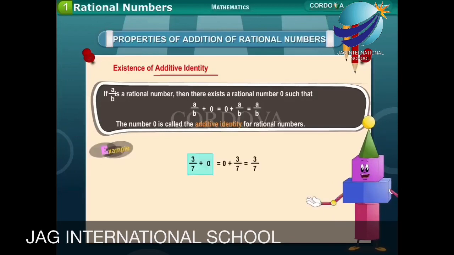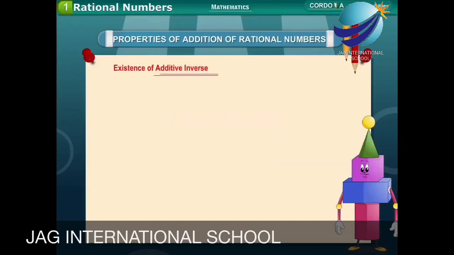Examples: 1. 3/7 + 0 = 0 + 3/7 = 3/7. 2. -4/5 + 0 = 0 + (-4/5) = -4/5.